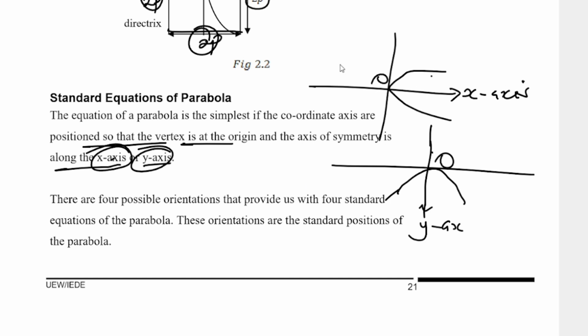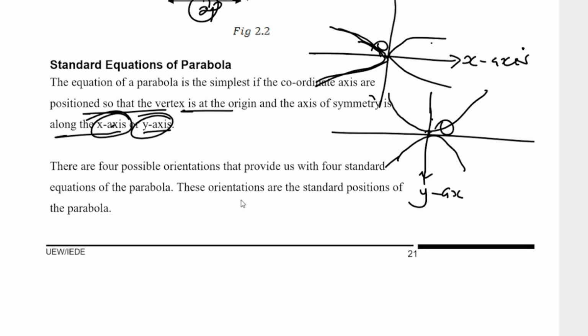We can also have the parabola facing the side, but the vertex will still be at the origin. We can also have it in this way too, and the vertex could still be at the origin. It means that we can have one, let's say 2, 3, 4. What does it mean? It means that we can have 4 possible orientations that provide us with 4 standard equations of the parabola.